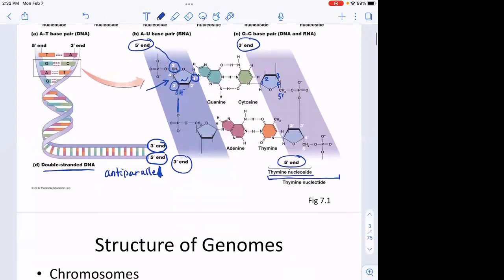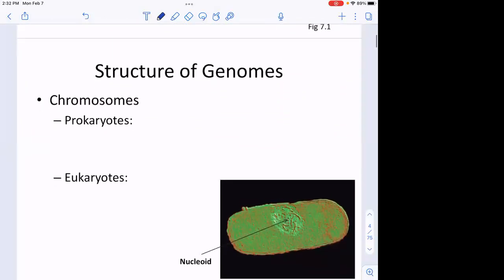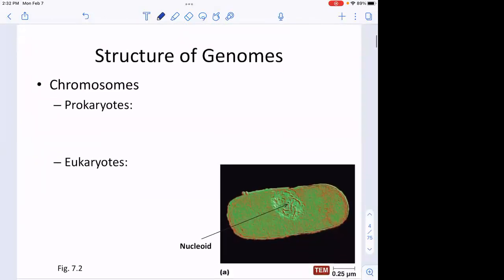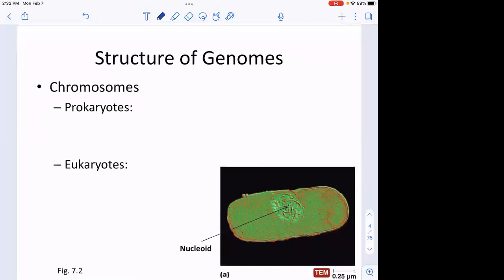Okay. So structure of genomes, we talked about this briefly when we were talking about structure of cells. Our focus here is on prokaryotes, but we'll compare that to eukaryotes. In terms of chromosomes, that's where the genes are. Prokaryotes are usually going to only have 1 chromosome.